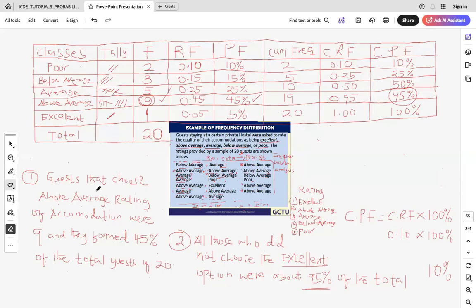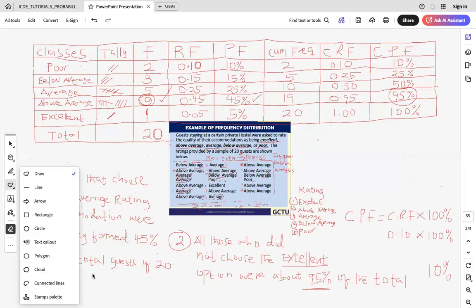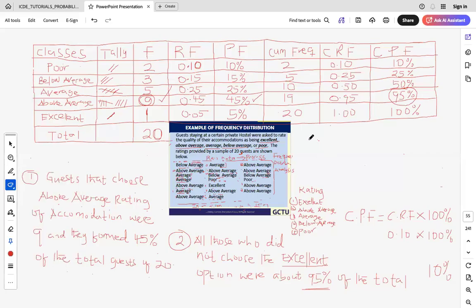Now, the final information I want to write is number 3. Now, excellent means they are okay with the facility. Above average also means they are okay with the facility.